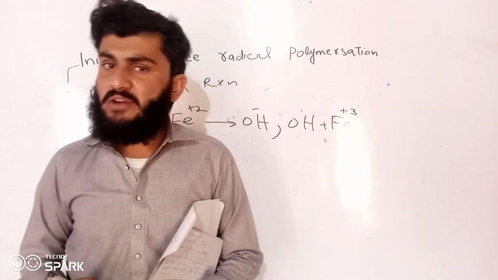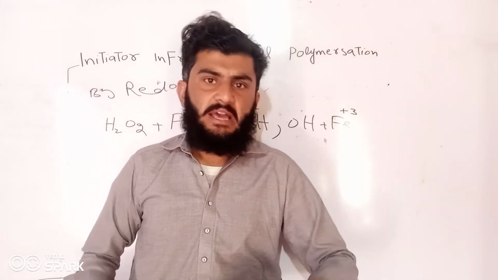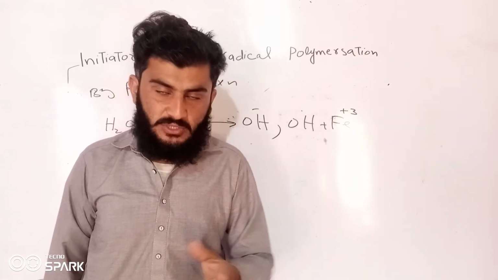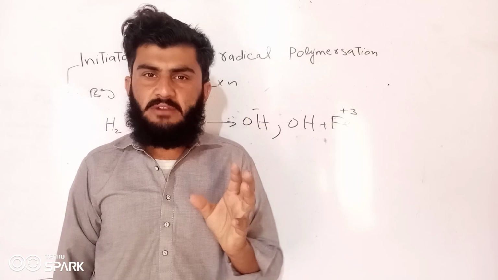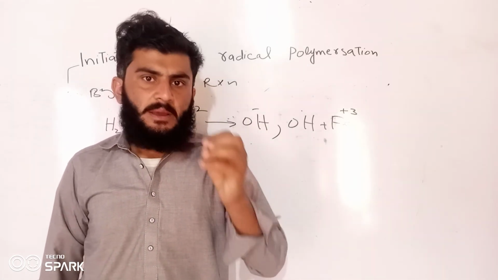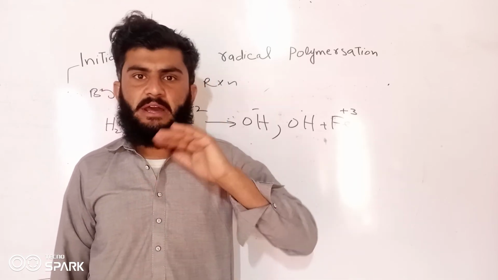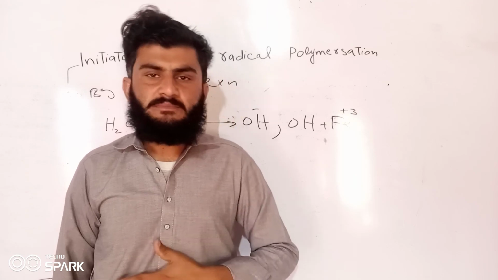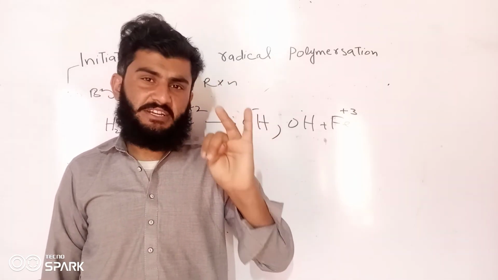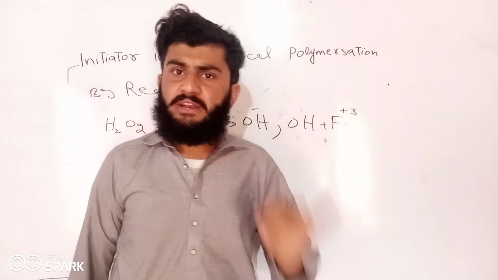So these were five ways on the basis of which we can produce initiators. The radical for free radical addition polymerization may be produced by heat, by ultraviolet and visible radiation, by current, by highly energetic radiation, and by redox reaction.